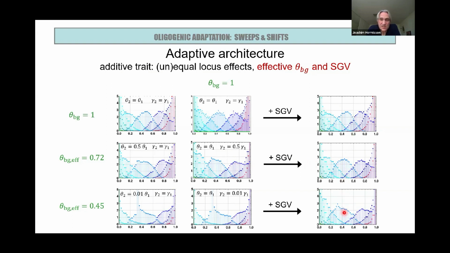And you see indeed that this reverses these differences that we see here partially back to our original situation. So if we include standing genetic variation, then differences in the locus effect sizes matter even less than they matter here, because the disadvantage of the small loci is compensated in part by the standing genetic variation.